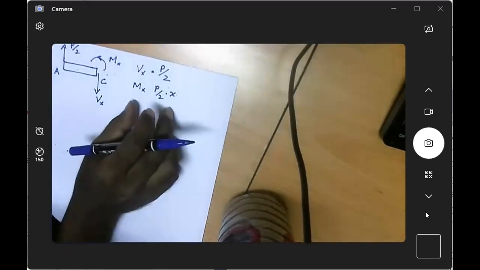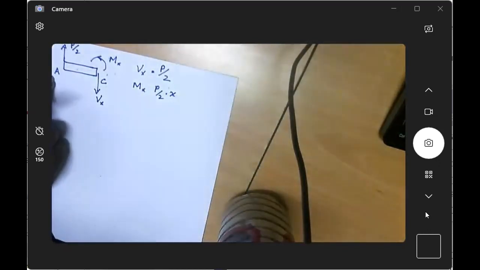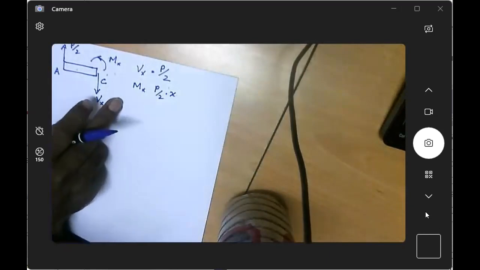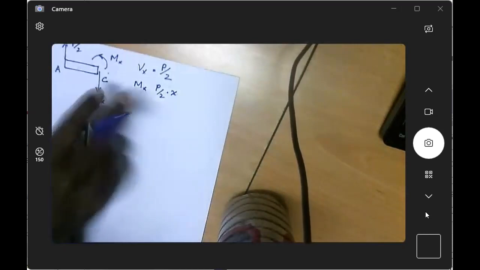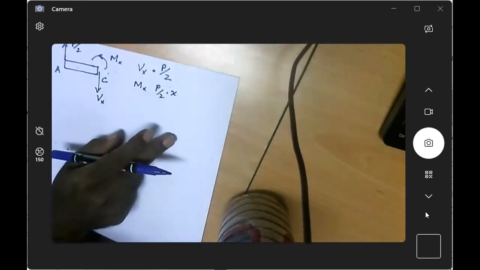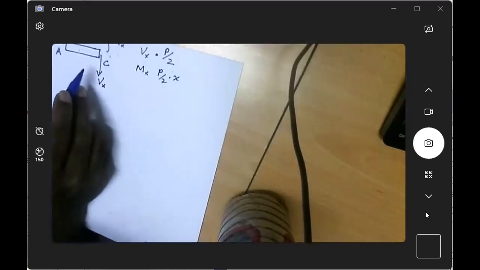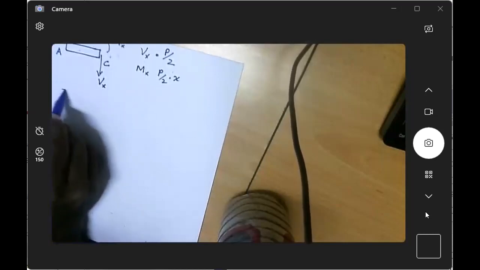Now these two equations are valid only from A until point D. You can't go beyond that because the conditions are going to change after point D. So we have to make another cut after point D. Let's do that cut.